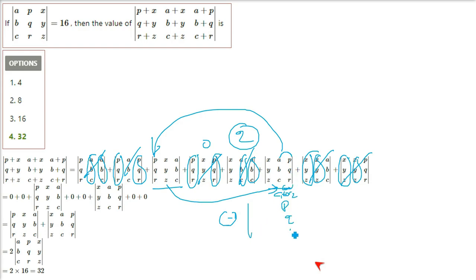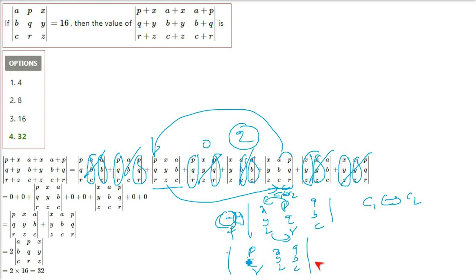So P, Q, R, A, B, C, and this X, Y, Z. So we have exchanged column 2 and column 3. Then column 1 and column 2 we are exchanging. First we did column 2, column 3. Now we are exchanging column 1 and column 2. So this will be P, Q, R, X, Y, Z, A, B, C. Previously minus has come, then next exchange minus has come, minus becomes plus. It will be twice of this matrix, which is 16. Twice of 16 is 32.